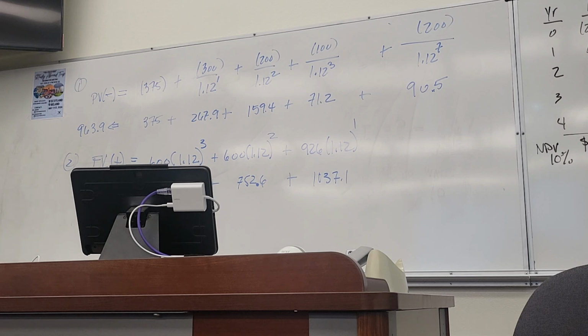Step 3. Take those numbers. PV is a negative 963.90. FV is what we just computed, 2675.20. Payment is 0, and N is a 7-year project. So let's get all of those in there.